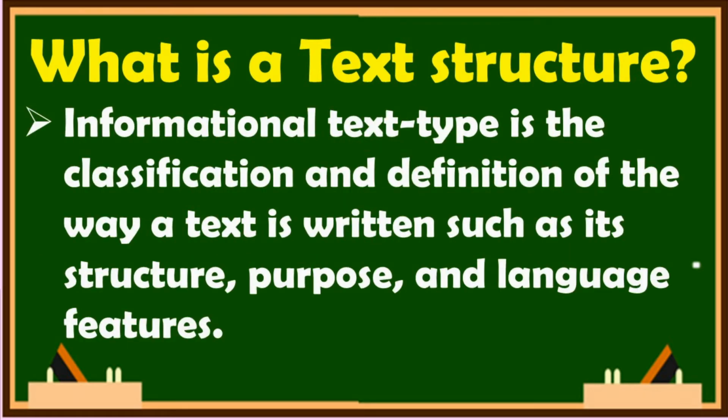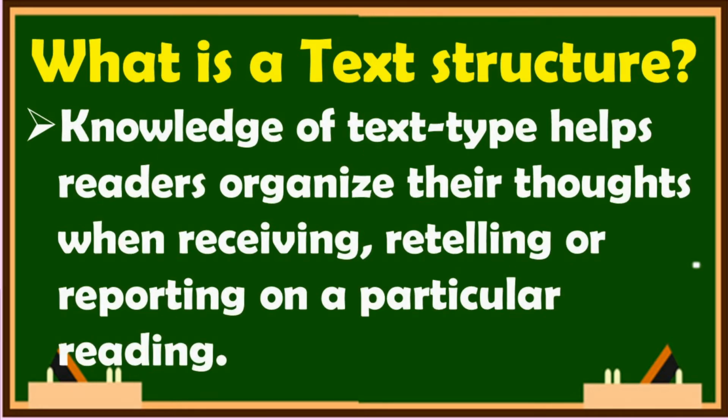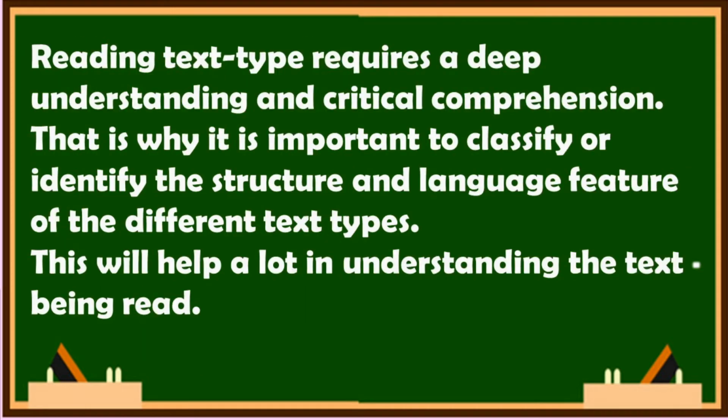Informational text type is the classification and definition of the way a text is written, such as its structure, purpose, and language features. Knowledge of text type helps readers organize their thoughts when receiving, retelling, or reporting on a particular reading.